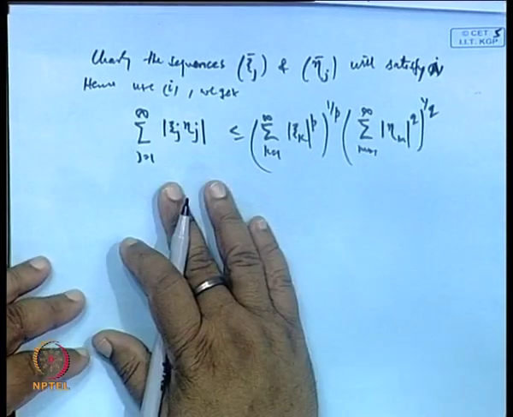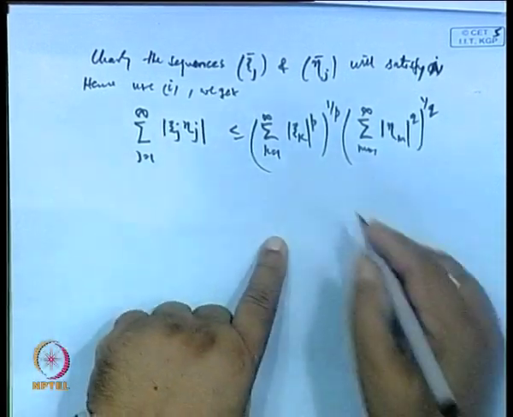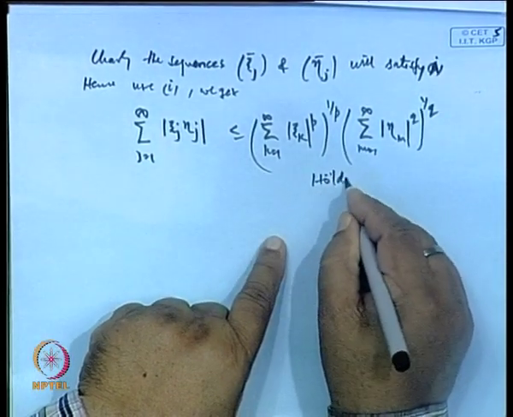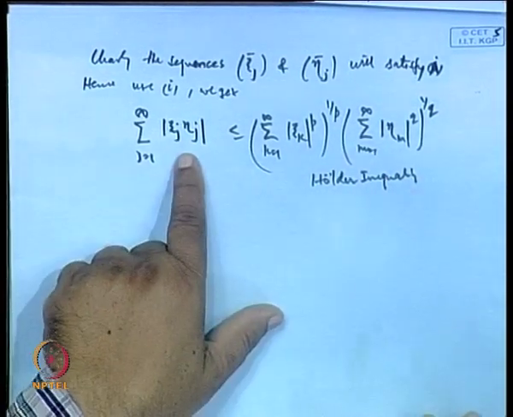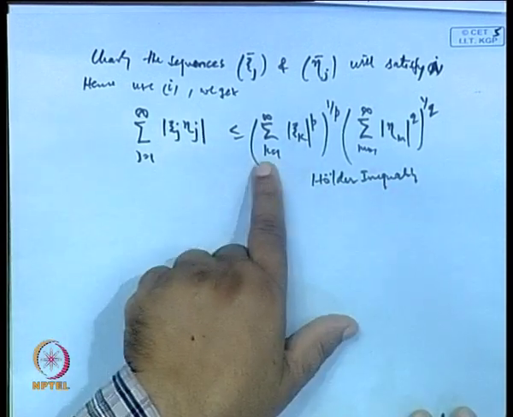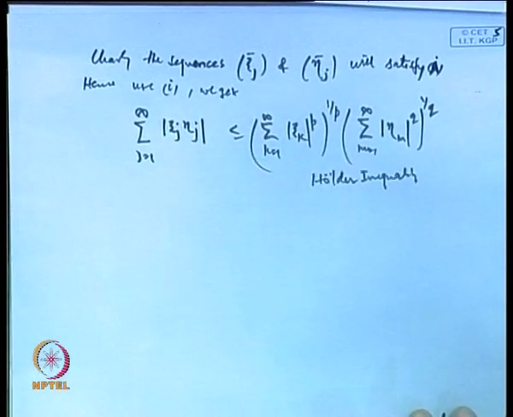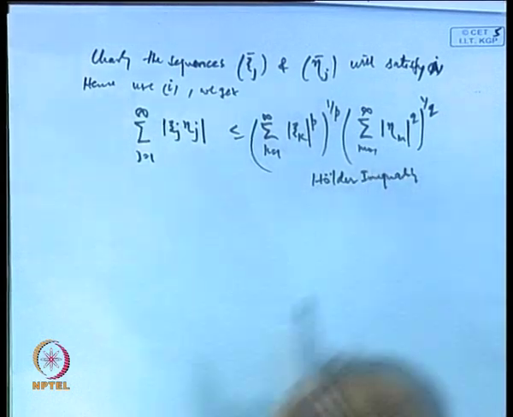Now, one thing we observe here, that when we say the Holder's inequality, on the left hand side we are taking the summation from j equal to 1, while on the right hand side the summations are taken over k and over m, k equal to 1 to infinity and m equal to 1 to infinity.